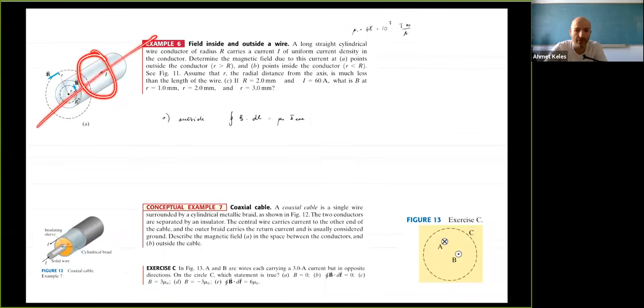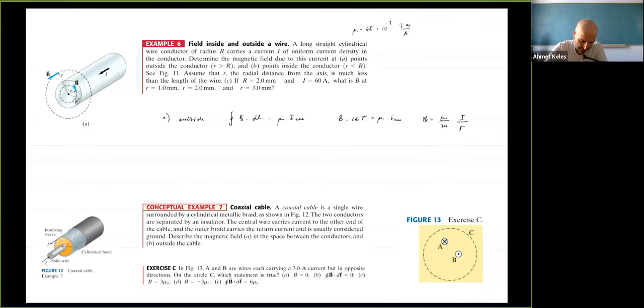The point is this wire is going from minus infinity to plus infinity, so I can ignore edge effects. And B is constant along this path. If you choose another one, B is different, but still it's constant along the path. Then B times 2 pi R is equal to mu 0 times I enclosed. Then B is equal to mu 0 over 2 pi times I enclosed, which is I, divided by R.